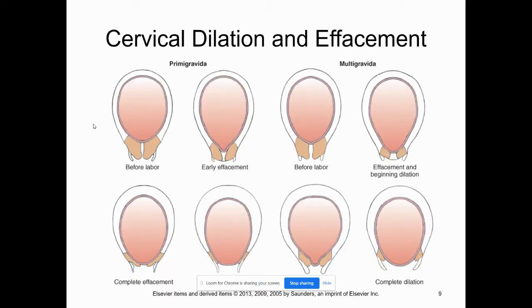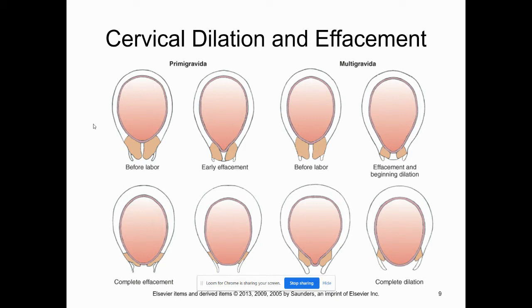So cervical dilation and effacement, again, effacement is the thinning and the shortening of the cervix, and we measure that as a percentage. So 0% effaced would be not at all thinned or shortened versus 100% effaced. So that's a perfectly thin, ready to go cervix.